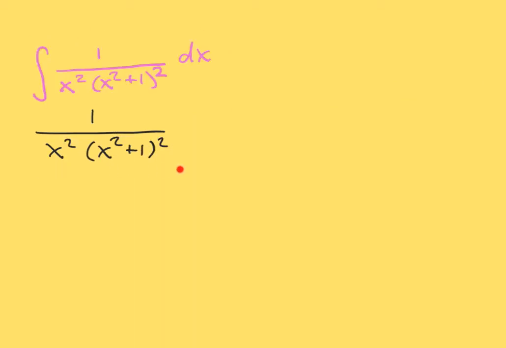So in our third example, we have a linear term repeated twice. We have an irreducible quadratic. This term here can never be 0. The smallest it can be is 1, because it's 1 plus something squared. So the smallest it can be is 1 when x is 0. So this is never going to vanish, and it's also repeated.